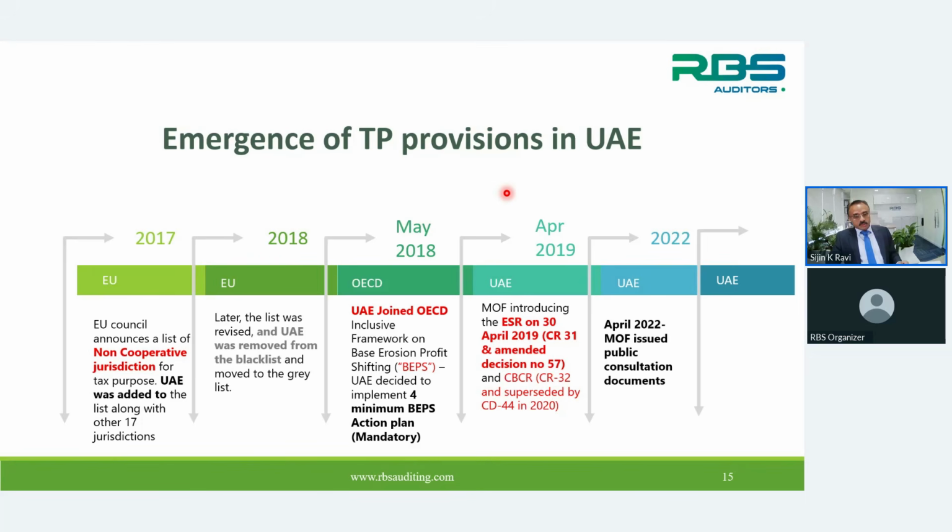Then in April 2022, the MOF, Ministry of Finance, issued a public consultation document for the corporate tax. Then on 9th December 2022, it released Federal Decree Law number 47 of 2022 on taxation with effect from 1/6/2023. So this is a brief idea.